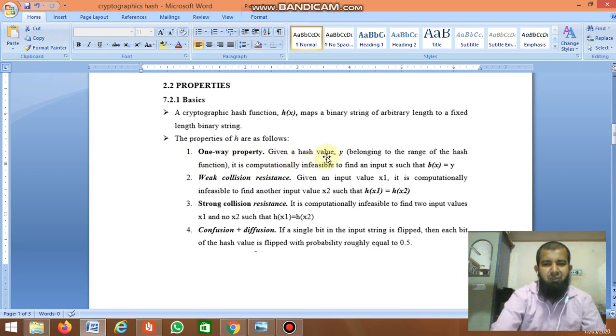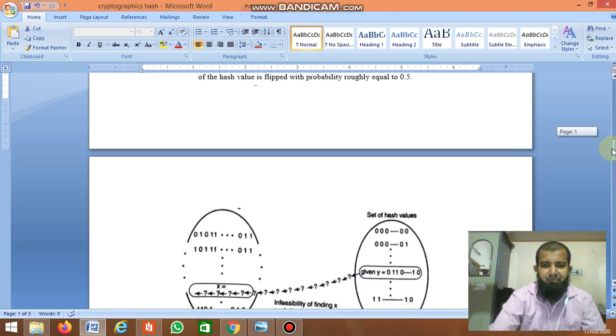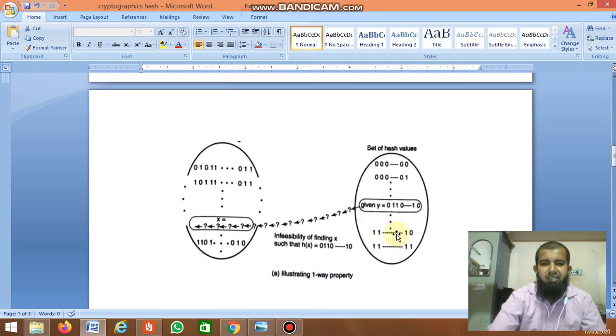Given a hash value y belonging to the range of the hash function, it is computationally infeasible to find an input x such that h of x equals y. See here, this is the one-way property. These are the inputs, and these are the output hash values.